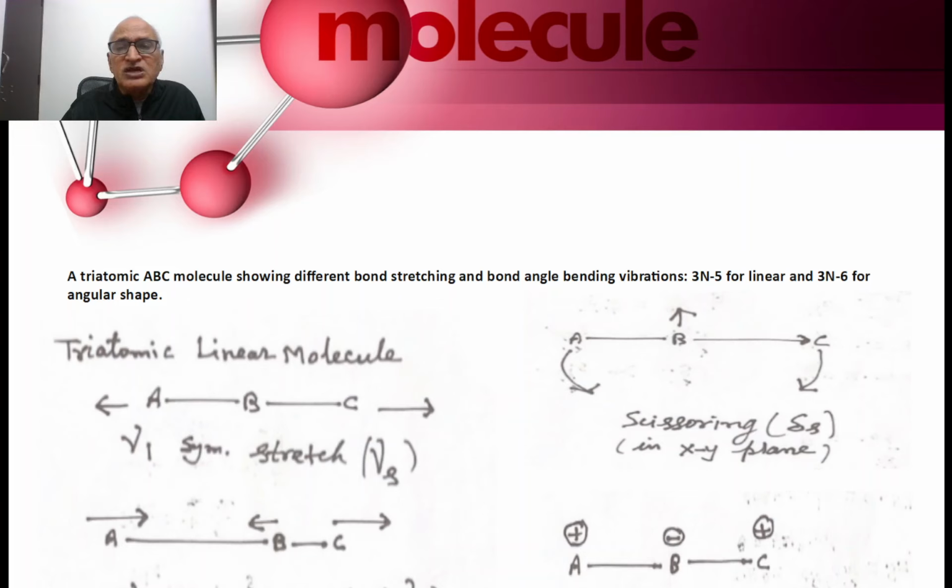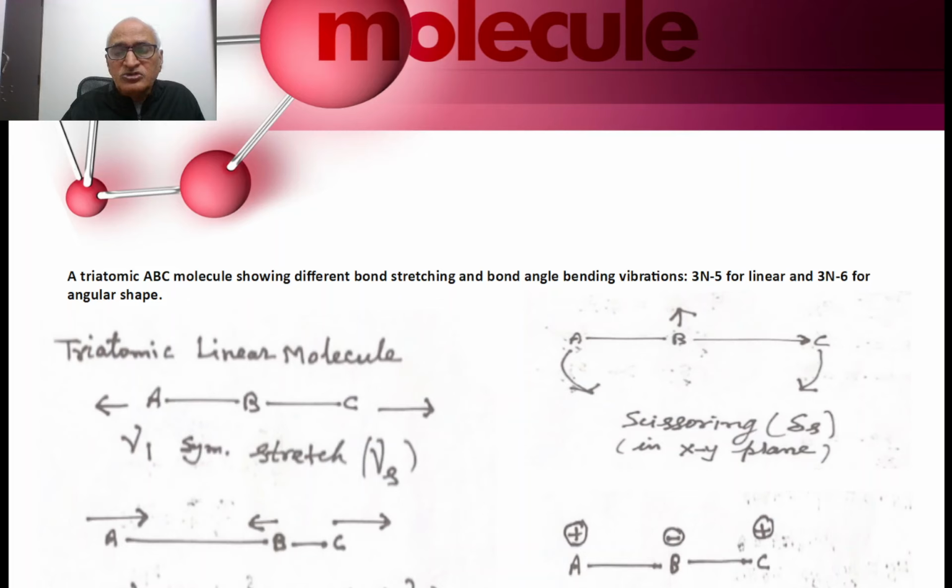Then the bending mode is also shown. The terminal atoms are moving like a scissor, kainchi, in the XY plane. This is called symmetric bending or deformation or scissoring. In the lower diagram, the positive sign put over atoms A and C indicates they are moving in front of the plane of the paper.